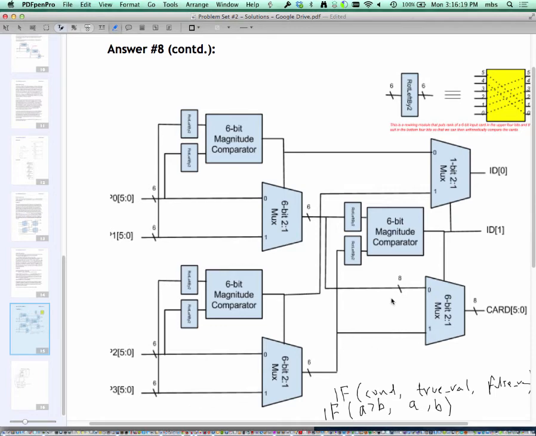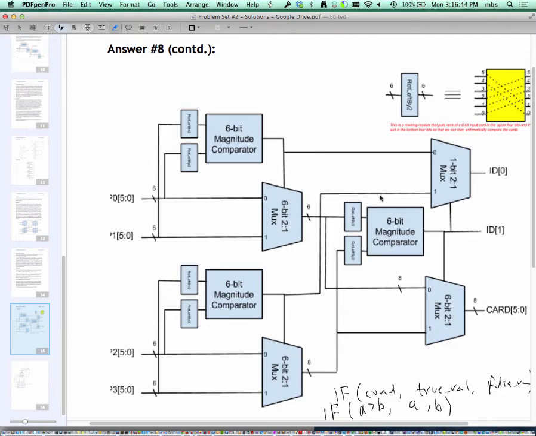Now, if you think about it, this magnitude comparator is telling me whether P2, P3 won or P0, P1 won. So it's giving me the upper bit. So the output of this magnitude comparator out here is nothing but my ID 1, the upper bit of the ID that I need.